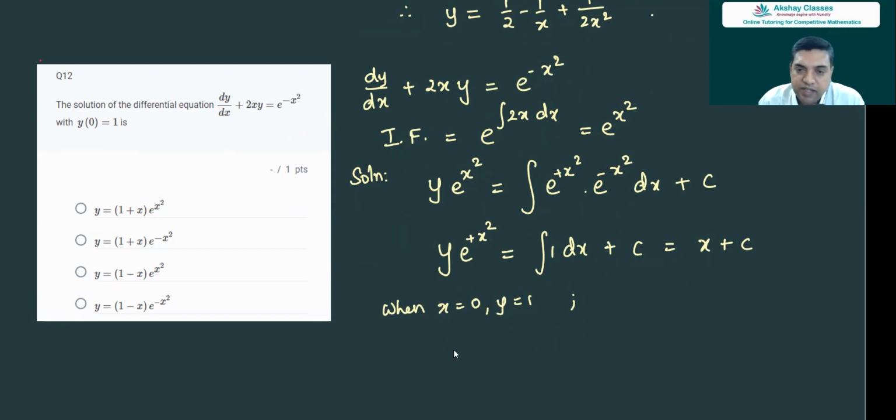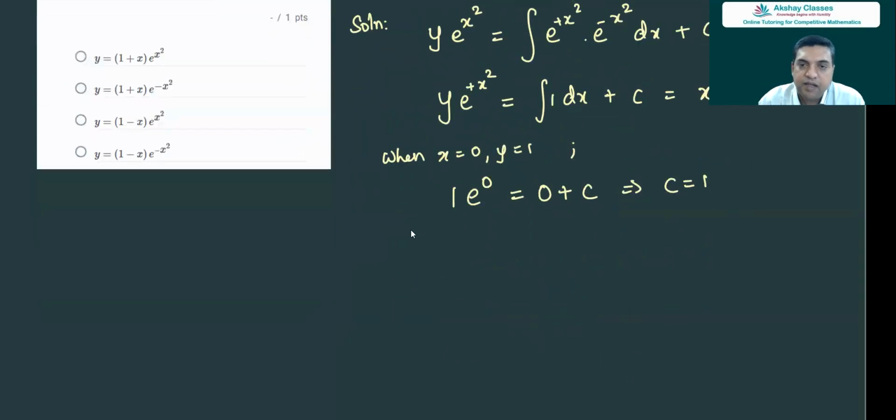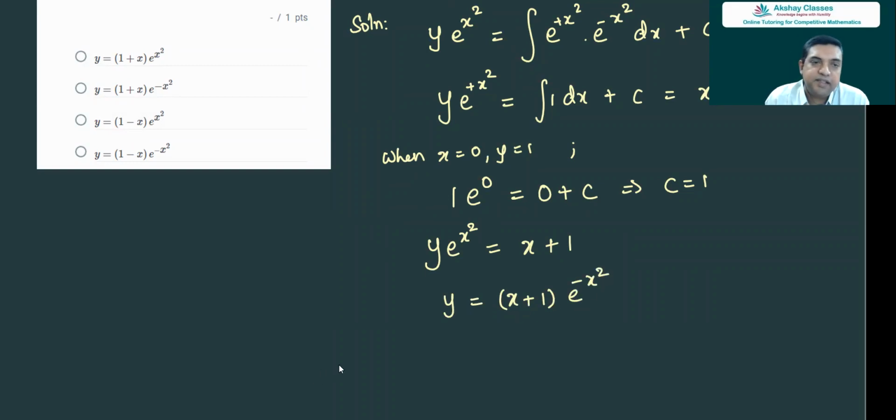So substitute when x equal to 0, e power 0 is equal to 0 plus c, which means c is equal to 1. Therefore, we get y into e power x square is equal to x plus 1. So y is x plus 1 or 1 plus x into e power minus x square. So second one is the correct option.